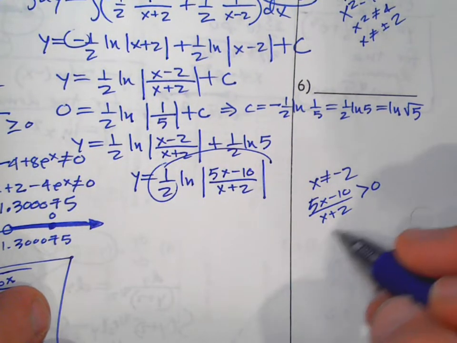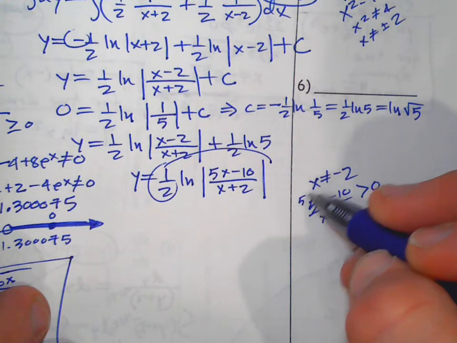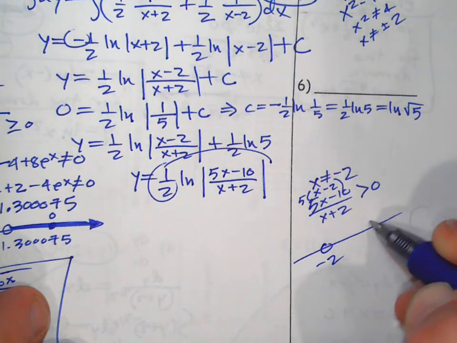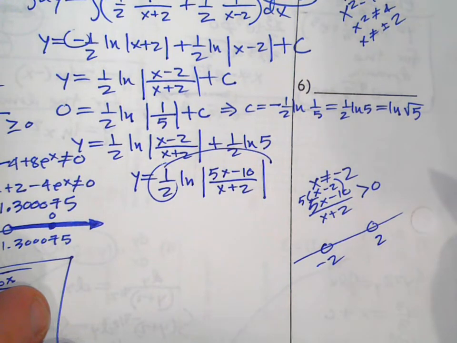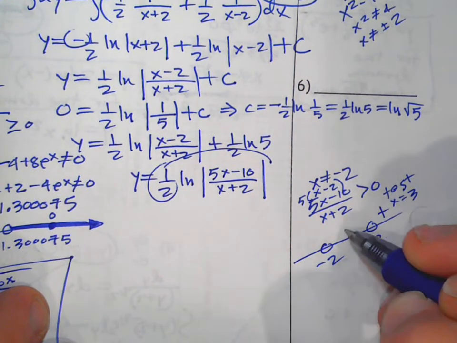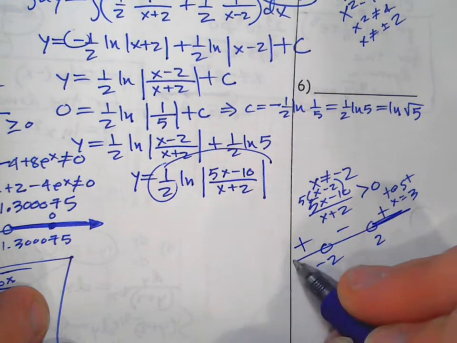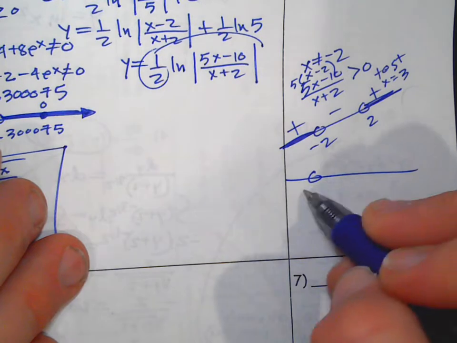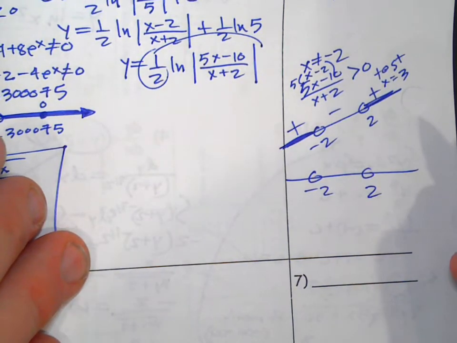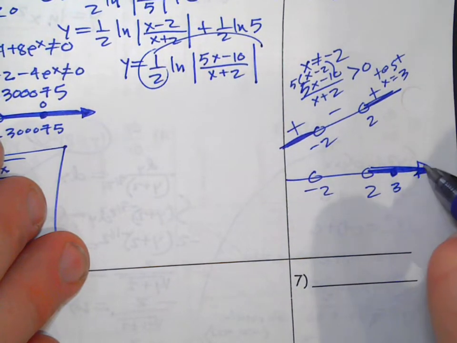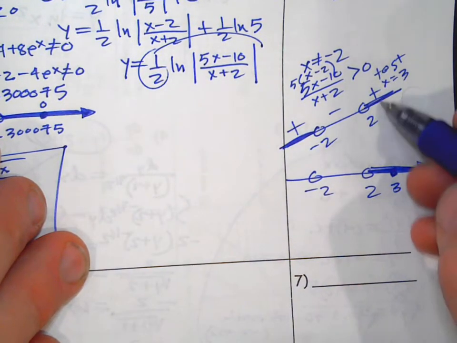this is a good one for a line check. 5 times (x minus 2), -2, +2. I mean, we could test it. X equals 3, positive, negative, positive. That's where that's true. But I'm just going to do one line with -2 on it and +2 on it. Our initial condition is 3, so it has to be over here. Which, by the way, does at least match the regular domain of it.